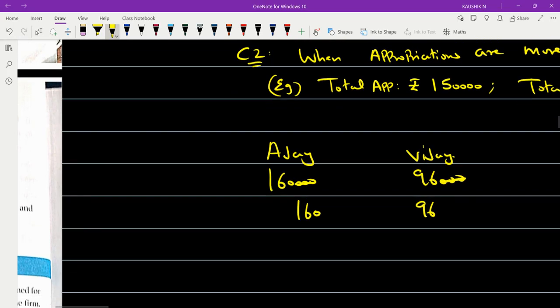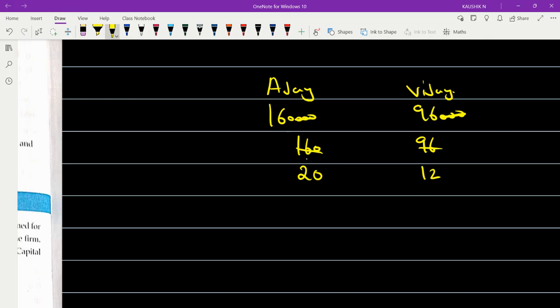Now this can be further reduced in the 8 table: 8 twos are 16 and then a 0, and 96 in the 8 table is 12. Again convert this in the 2 table: 2 tens are 20, 2 sixes are 12. And again this can be further simplified in the 2 table as 2 fives are 10 and 2 threes are 6. So that is the final ratio, 5 is to 3.